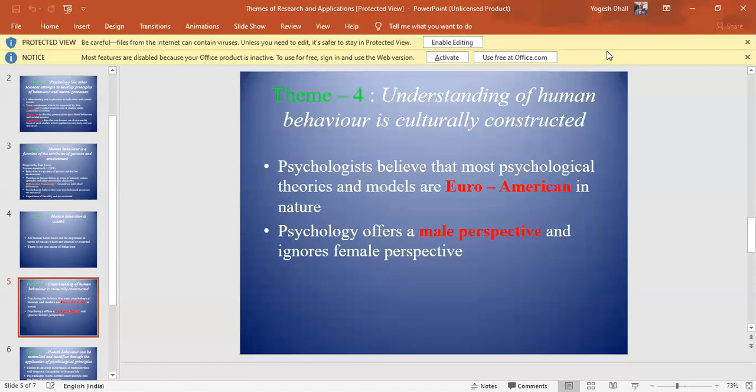All the psychologists, for example Freud, Skinner, William James, etc., are either European or American. So they have made all the theories based on their culture only. How can they make any theory based on our culture, as they do not know anything about our culture?